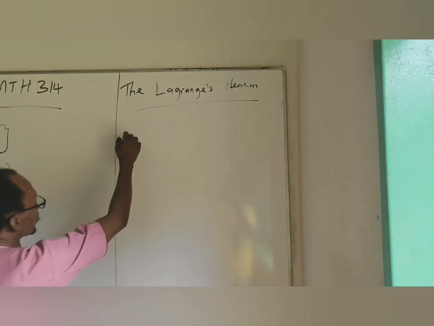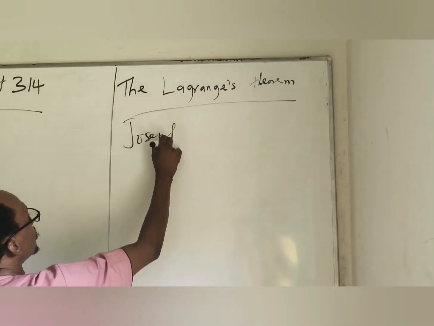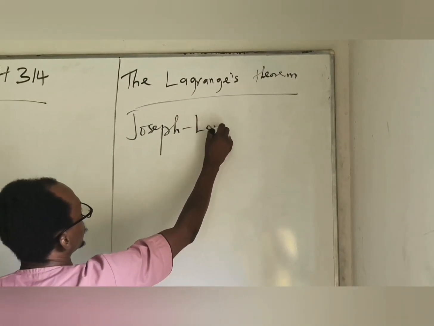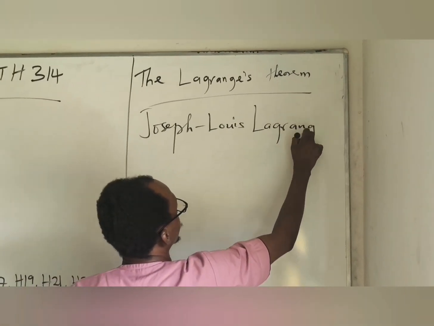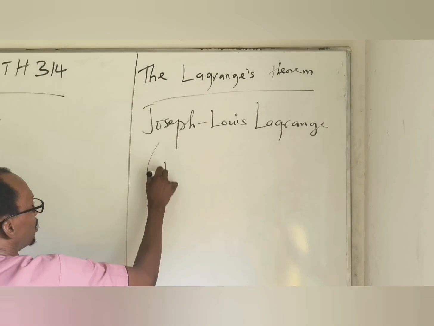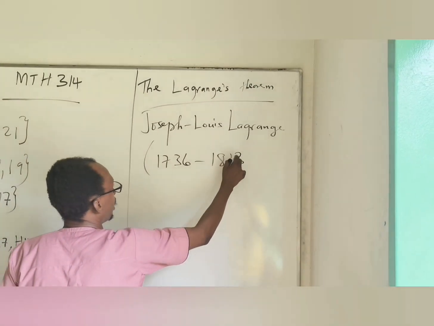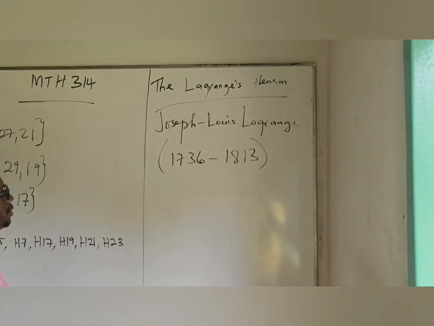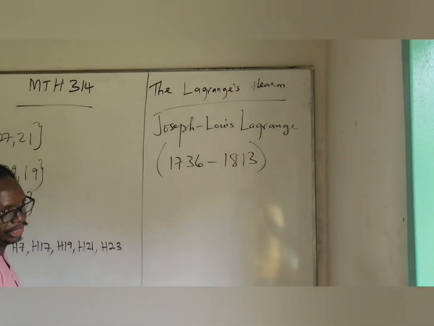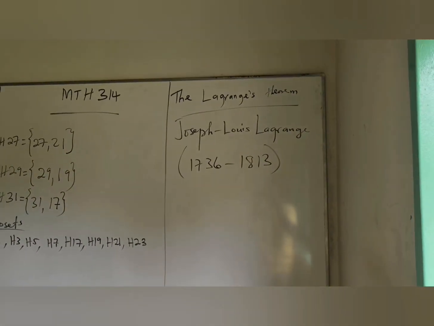There was this man called Joseph Louis Lagrange, 1736 to 1813. He was the one who came out with a theorem regarding what we are doing, cosets.